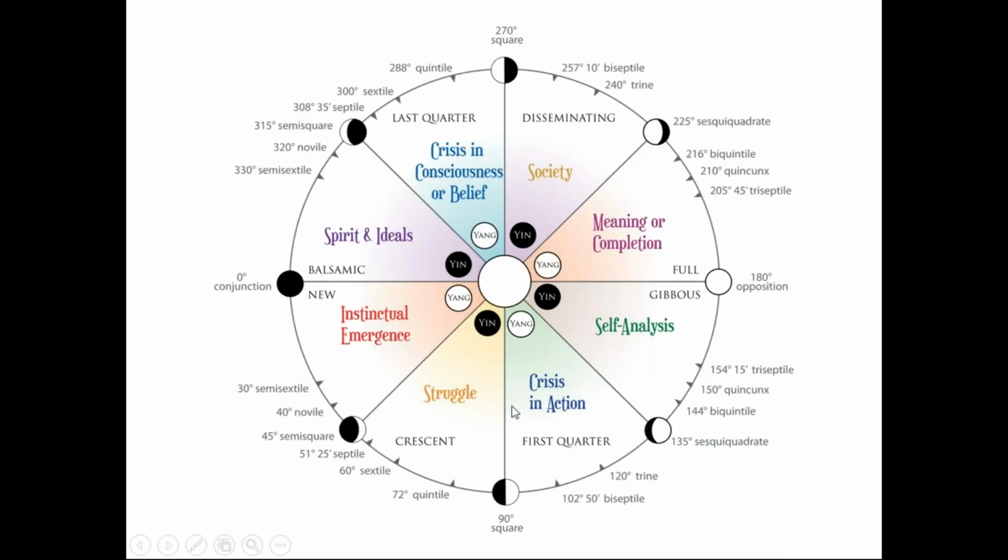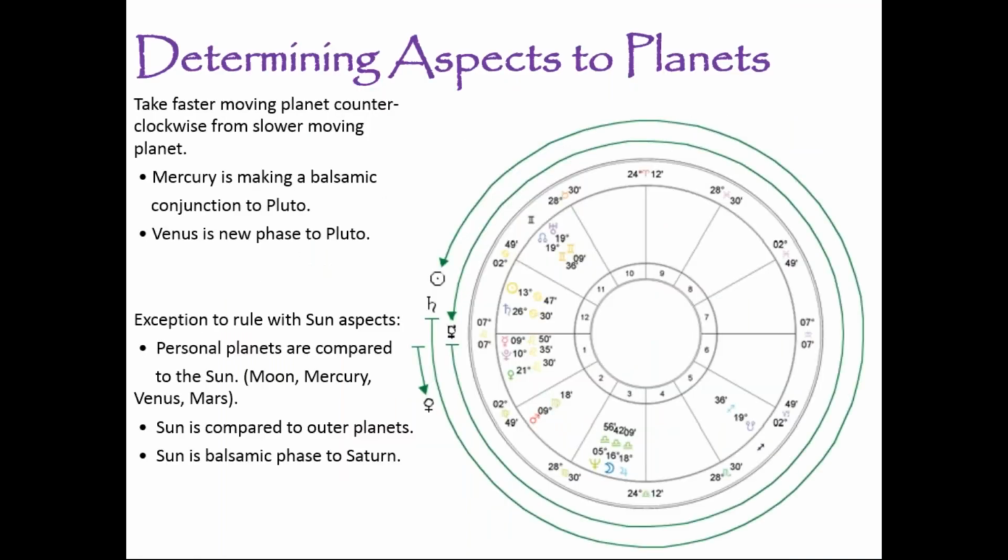So here's the cycle of phases and aspects. You can see this all moves counterclockwise because that's how the planets move, okay? What I also included here is my updated version of how we determine aspects between the planets. One area where I've evolved from some of Jeffrey Green's original teachings is that I compare the Sun to the outer planets.